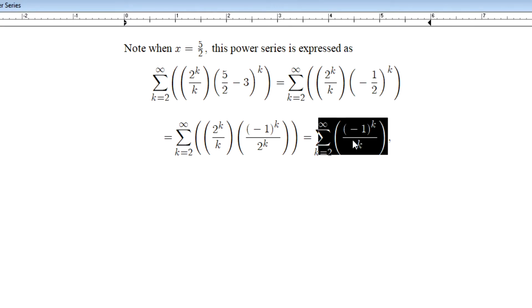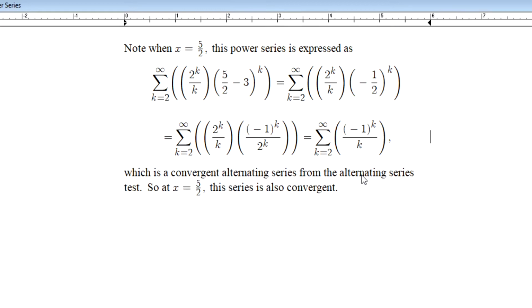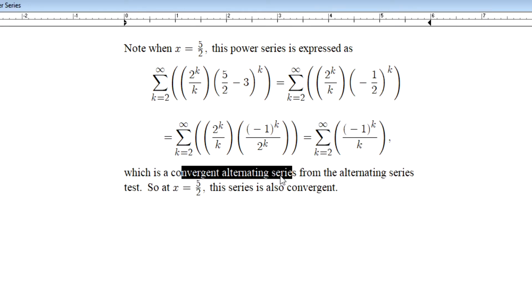This series here is an alternating series. In fact, you can notice that it is the alternating harmonic series. All right. Well, what do we know about the alternating harmonic series? It's convergent by the alternating series test. This here is a convergent alternating series.